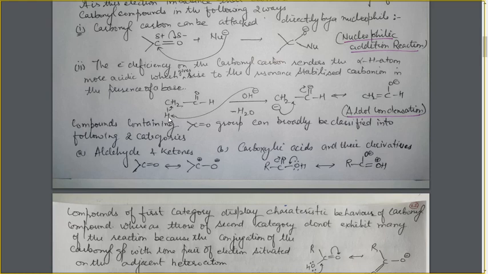Because of this, the hydrogen atom on the neighboring carbon atom, that is the alpha position, is acidic in nature and can be lost as H positive ion.